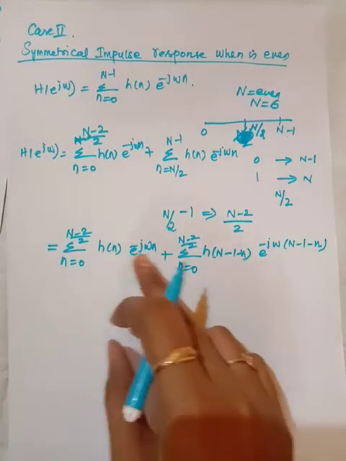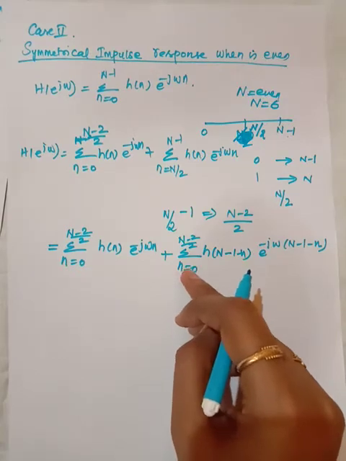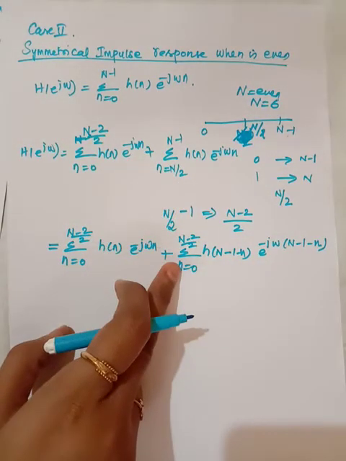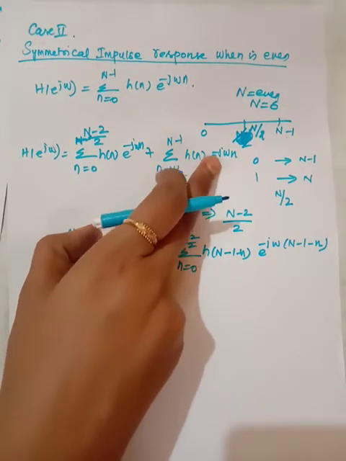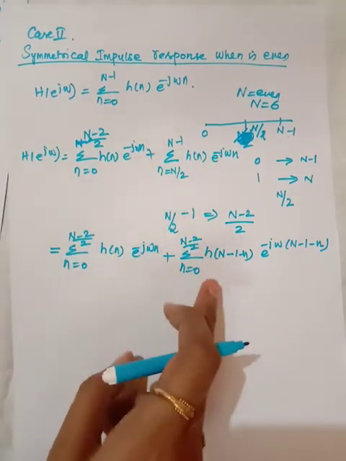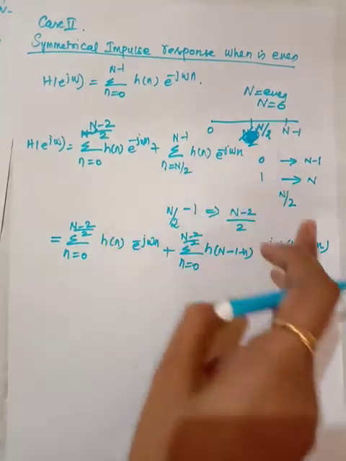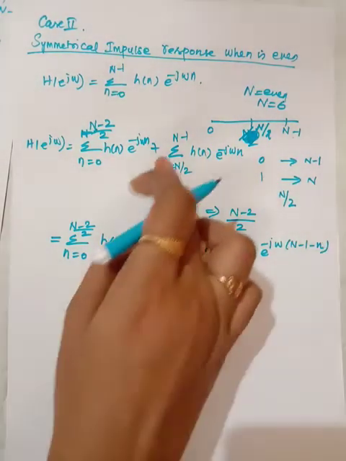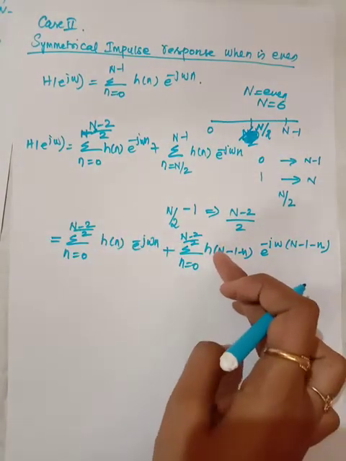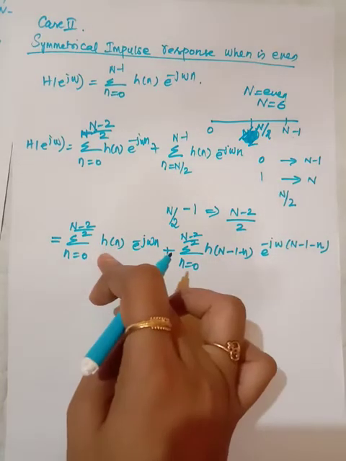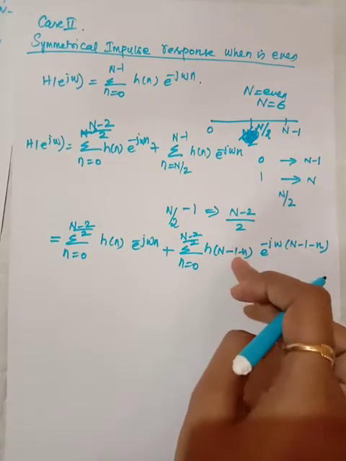Listen, if you have any confusion in writing this summation, when you change the summation from this step to this step, wherever you have n, you need to replace it by n minus 1 minus n. So whenever you change the summation to this range, you have to replace with n minus 1 minus n, because we know that one half is equivalent to the other half. So we can find it out from this part.